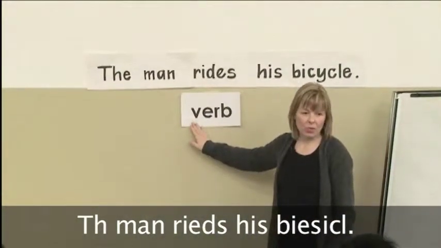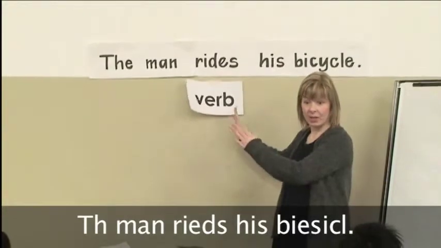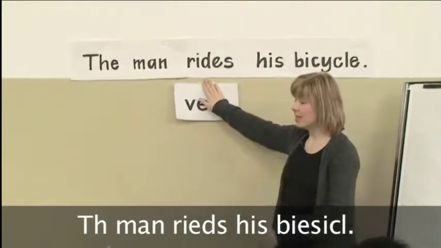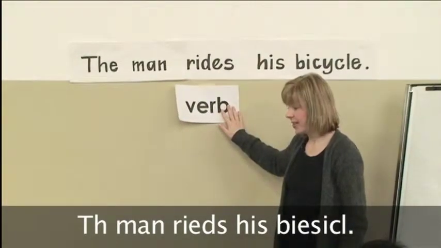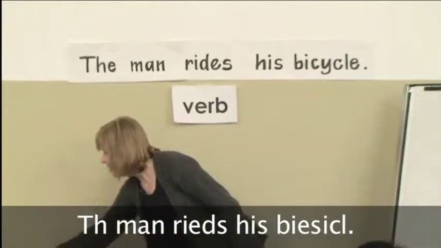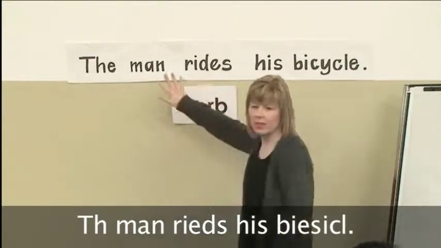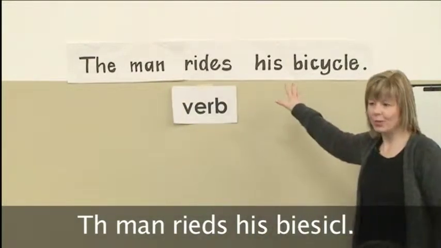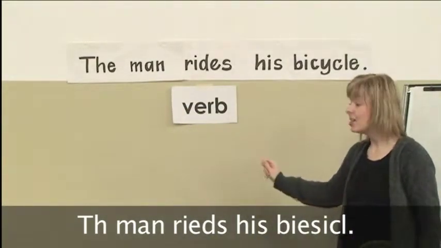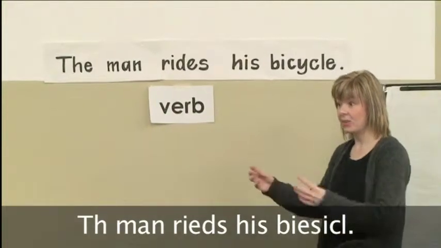And let's talk about what makes that sentence correct. We know because we have a verb, right? Now, who is the star of this sentence? Who is doing the action? The man. So we say that the man is the subject.